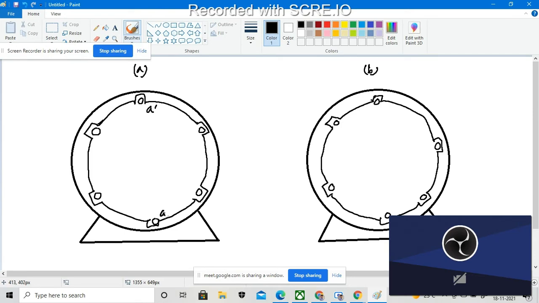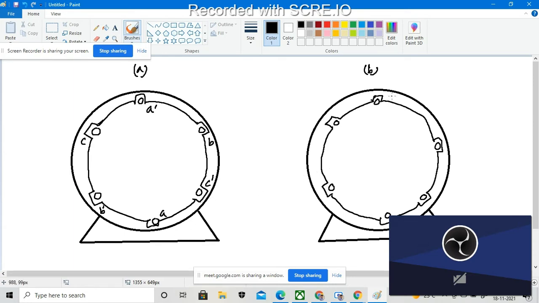This is my A. This will be my B. This will be my B dash. This is my C. This is my C dash.